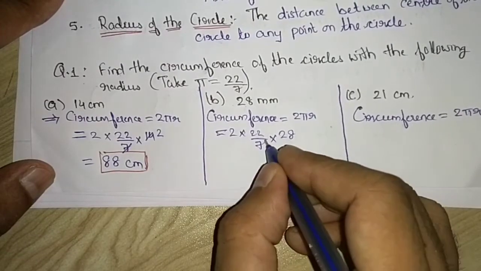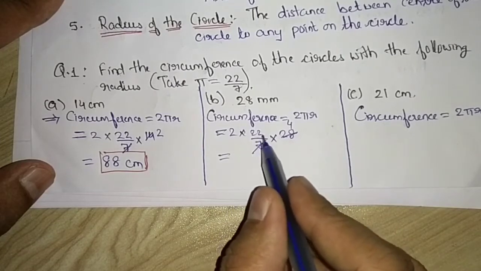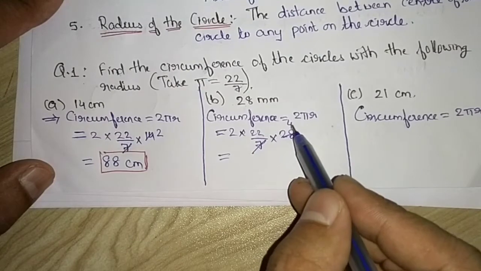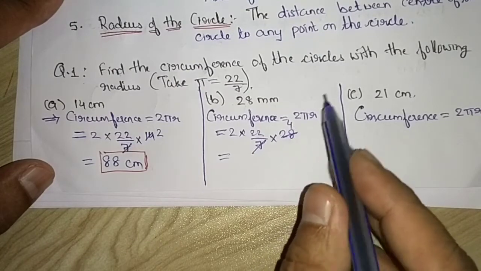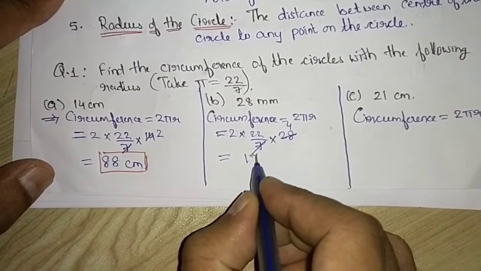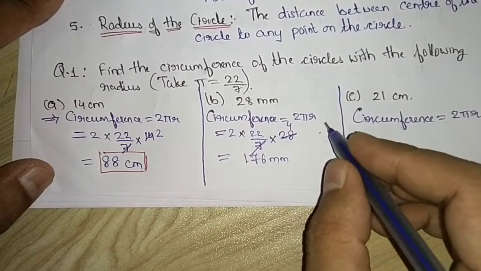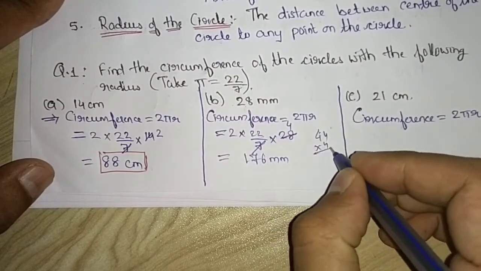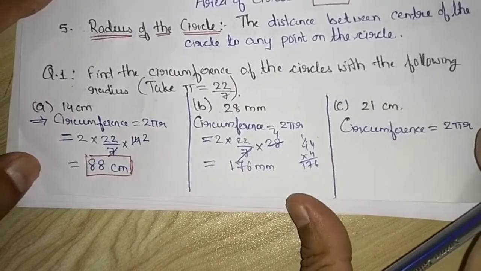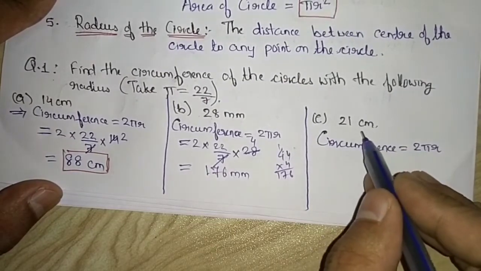You know the table of 7. 7 fours are 28. 22 into 2 will give me 44. 44 into 4 will give me 176 millimeter, if I am not wrong. Let me calculate. 44 into 4, 4 fours are 16. Okay, it is 176.